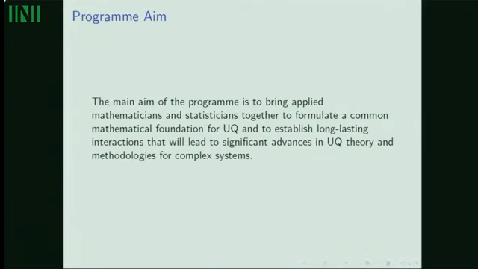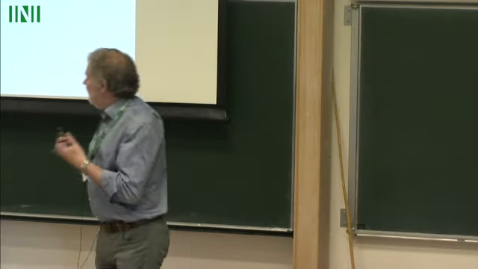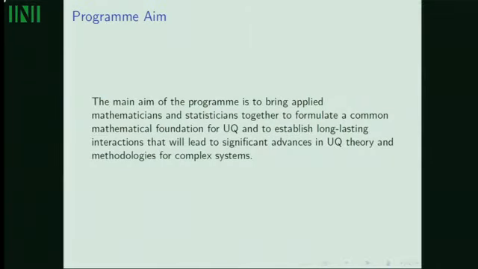And to establish interactions between those 2 communities that haven't talked to each other in the past as much as they should, and to lead to significant advances in both the theory and practice of uncertainty quantification. That sounds very grand.